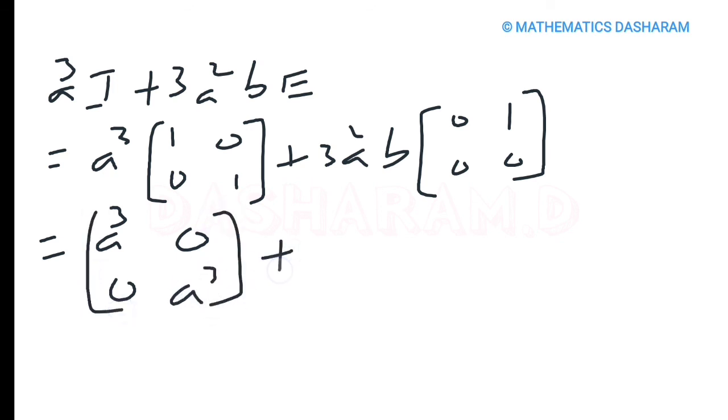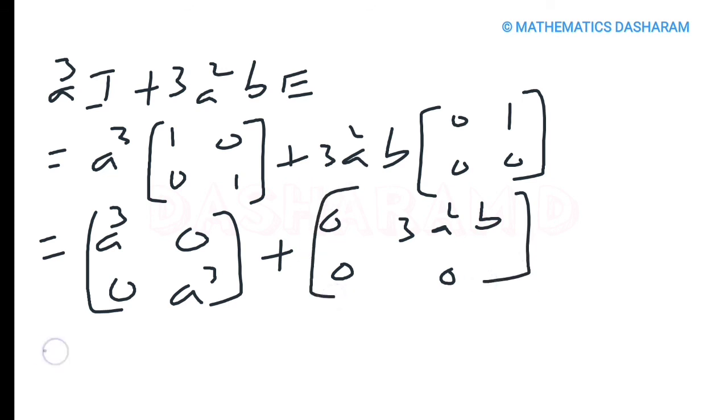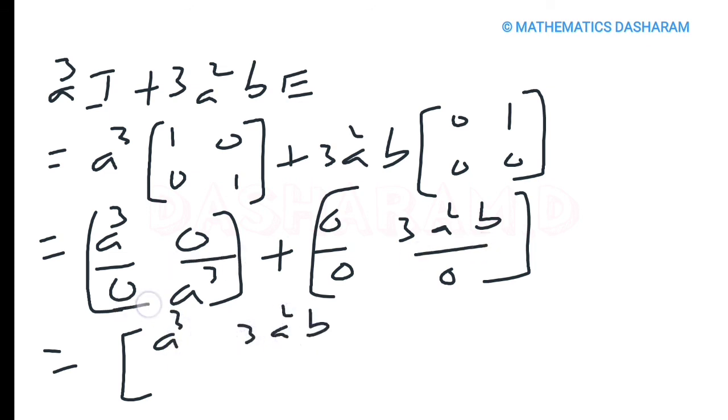So plus 3A square B multiplying inside: 0, 3A square B, 0, 0. Now add the two matrices. A cube plus 0 is A cube, 0 plus 3A square B is 3A square B, 0 plus 0 is 0, and A cube plus 0 is A cube. So it is the RHS answer.